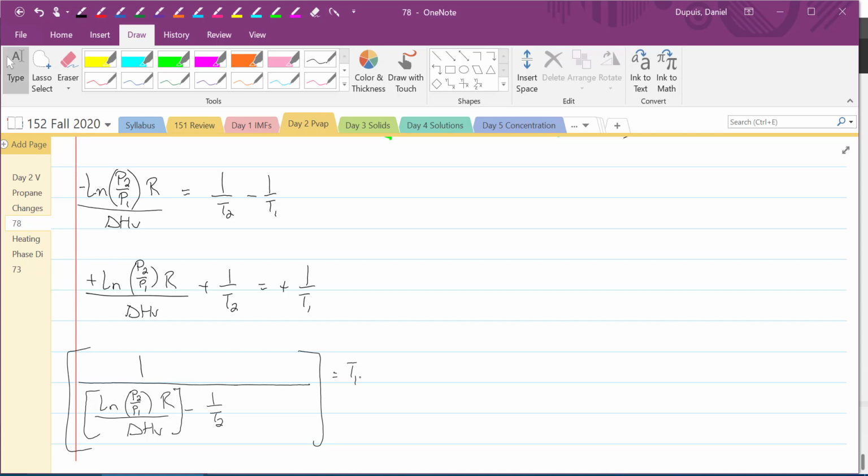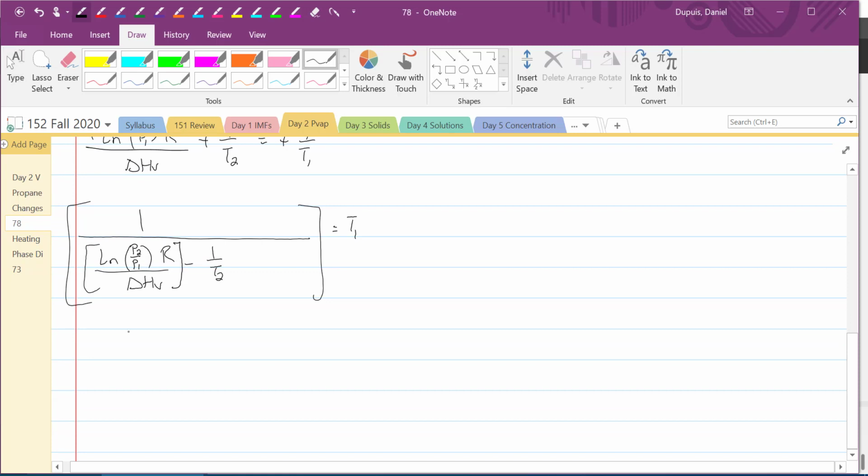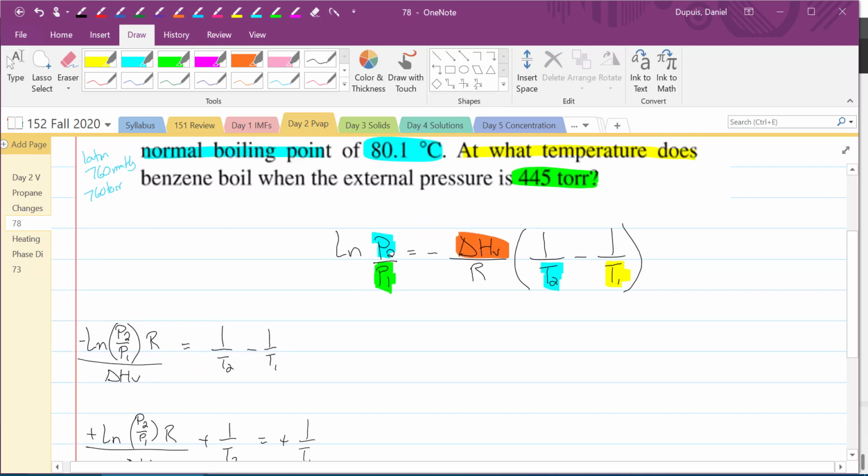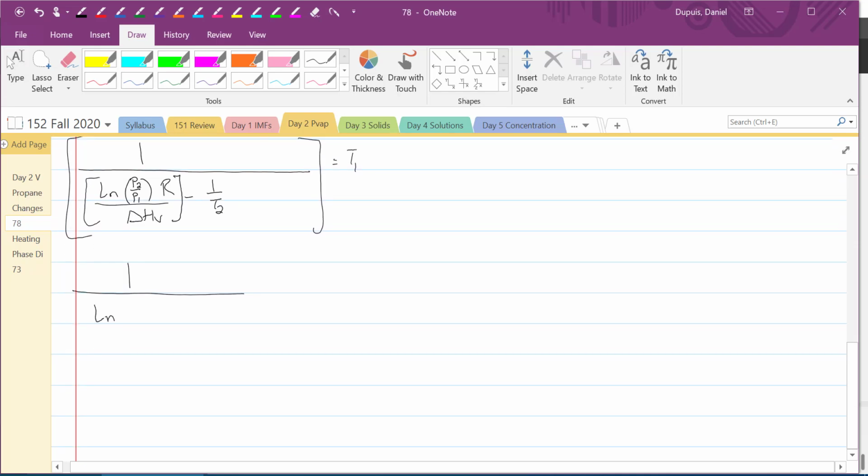Alright. That sounds fun. That's a lot of fun. So, I get 1 over natural log. P2 happens to be 760. So 760 torr all over, what was it, 445.